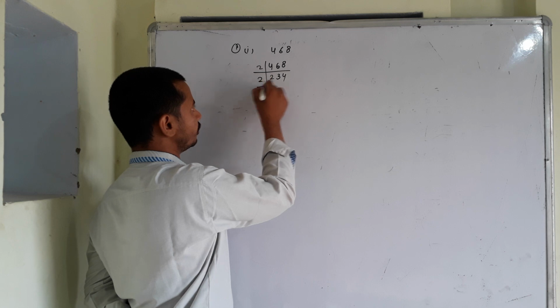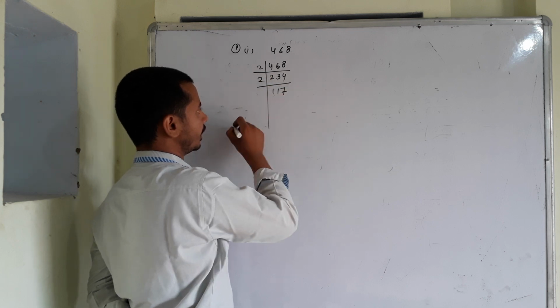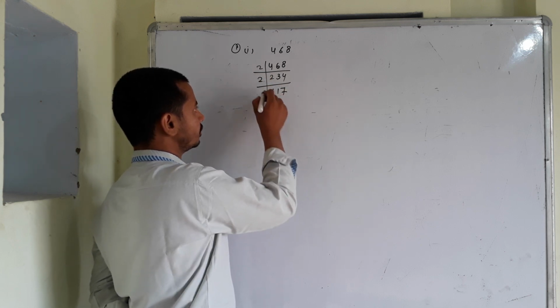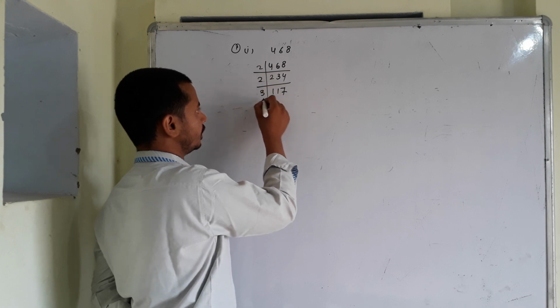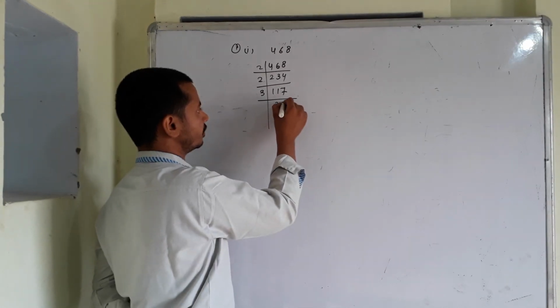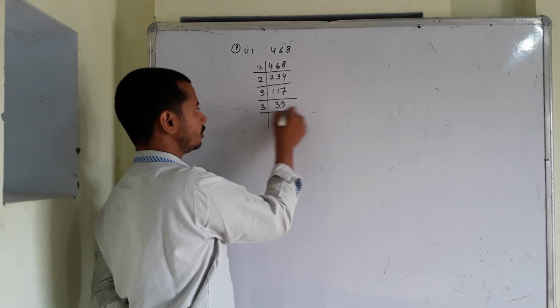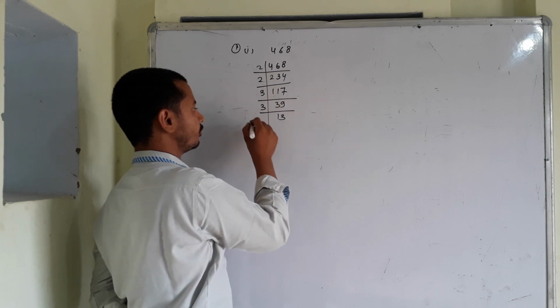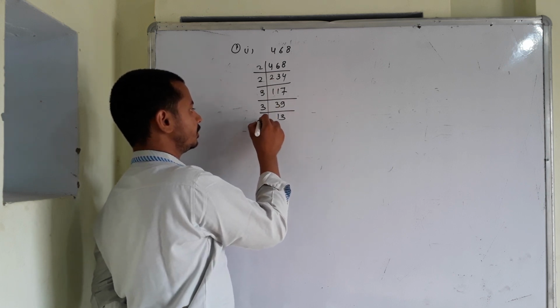Again divide by 2, then we find 117. Again divide by 3, then we find 39. Again divide by 3, then we find 13. And the last factor of 468 is 13.